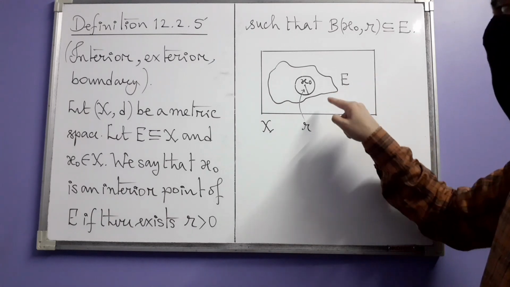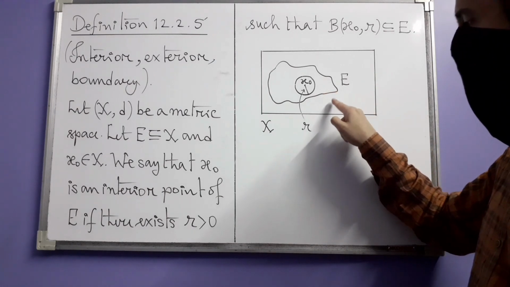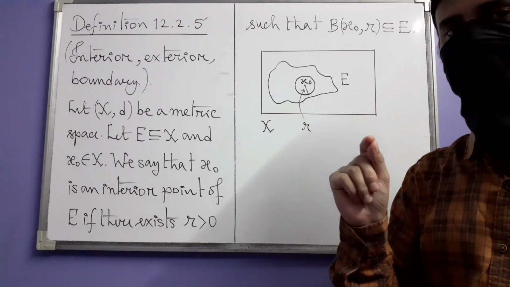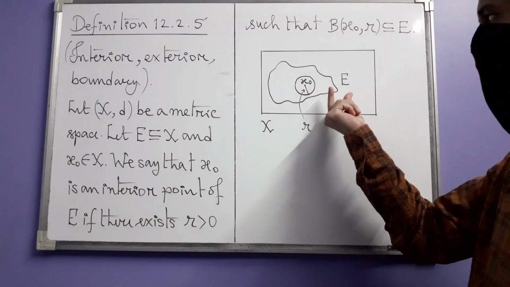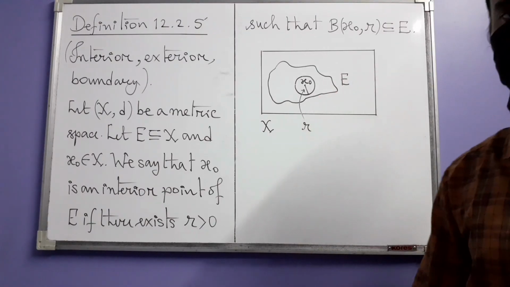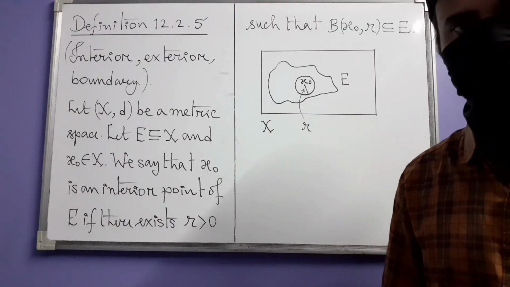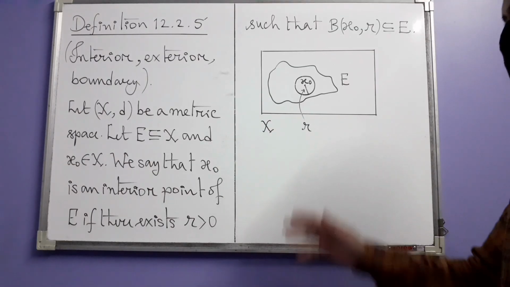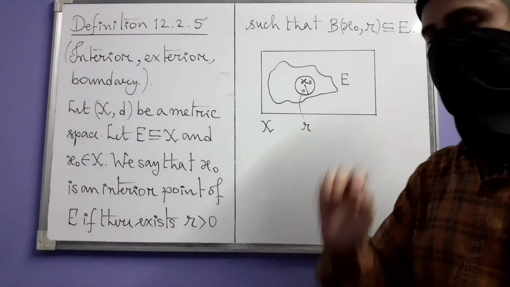In this diagram itself, if x naught lies here, then no ball centered at x naught, no matter however small its radius you choose, can ever be entirely contained inside E. So it's not that every point in E will be an interior point of E, but those points that satisfy this condition are interior points of E.